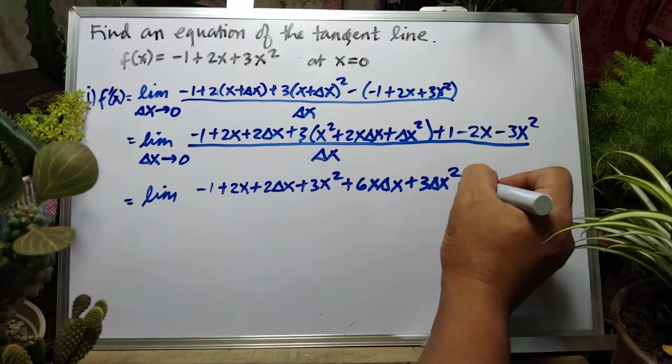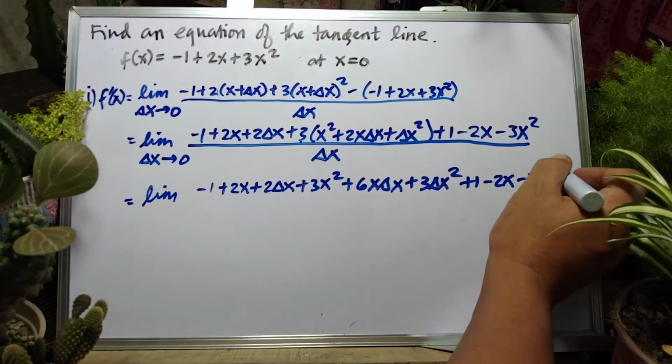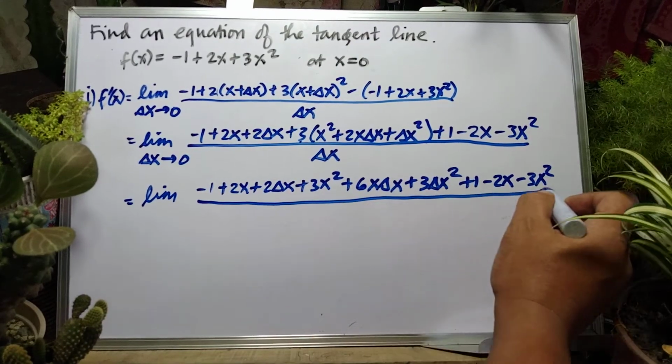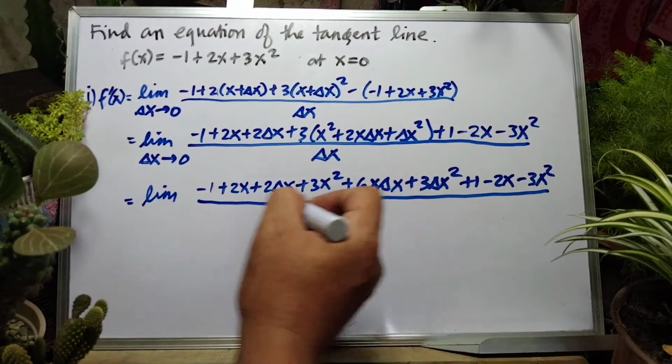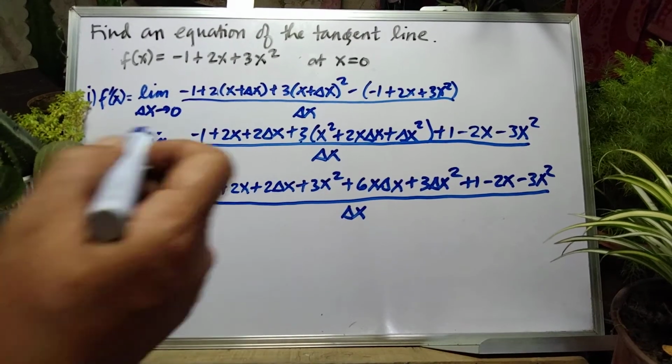Then copy plus 1 minus 2x minus 3x squared all over delta x as delta x approaches 0.